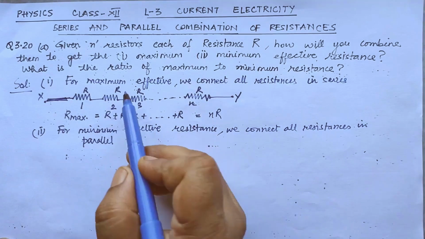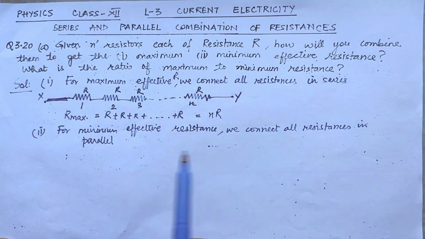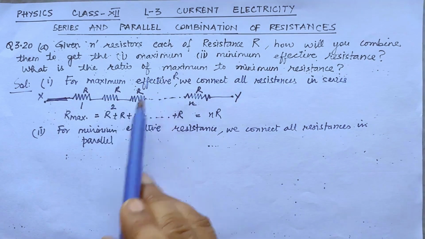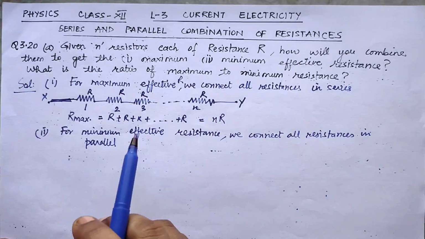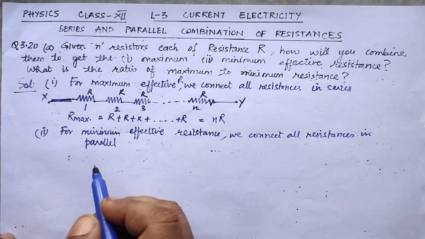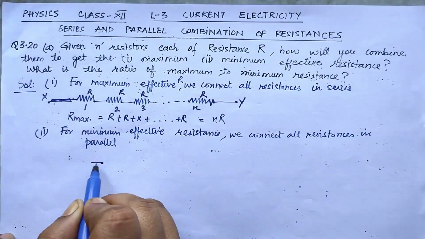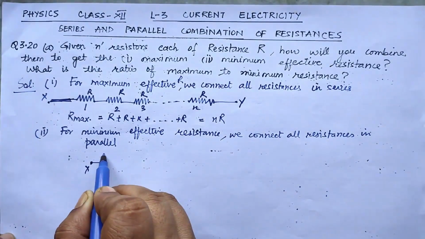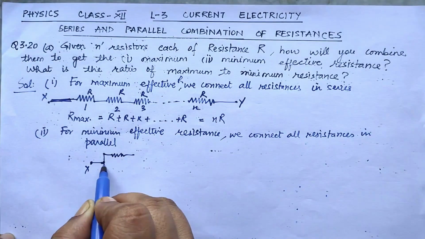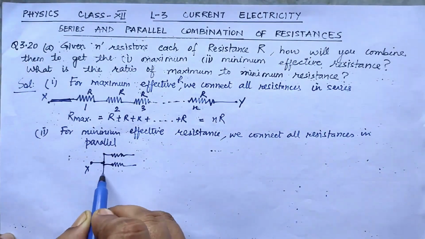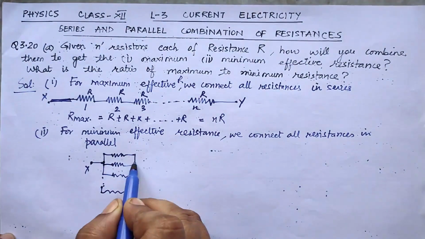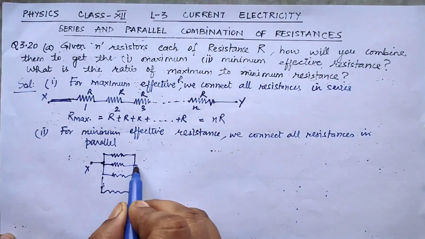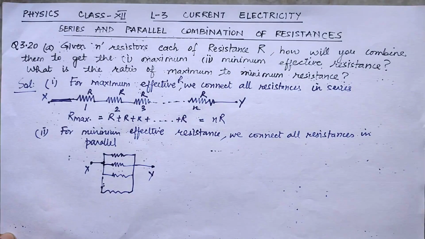For maximum effective we get nR. For minimum effective we connect all the resistances in parallel. Let's draw the diagram. How does the circuit look like? From the X terminal we have one resistor, second resistor, third resistor up to n resistor, and all these are connected together, and this is Y terminal of the battery.